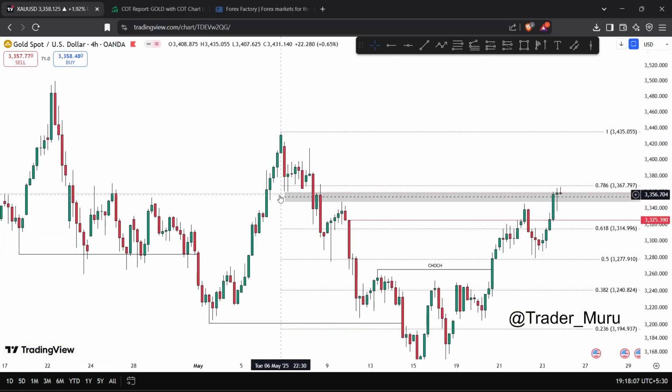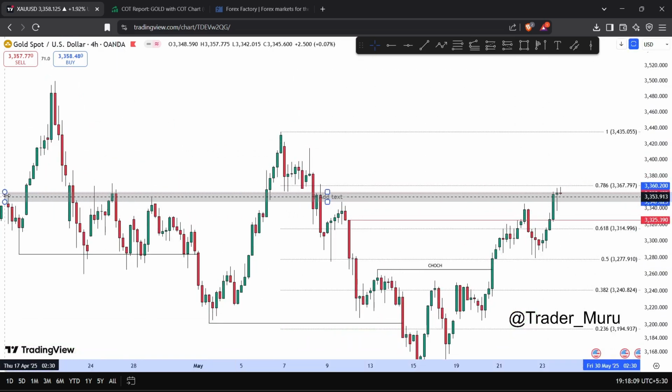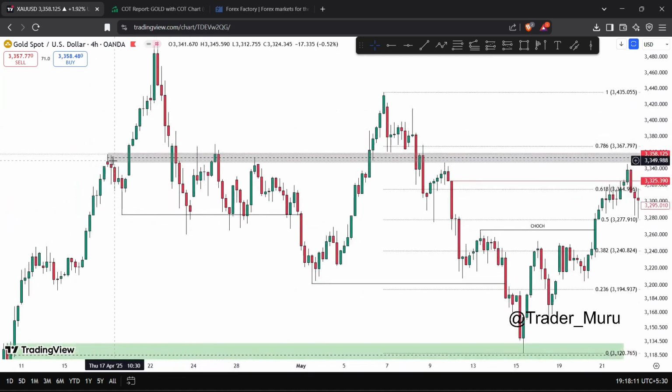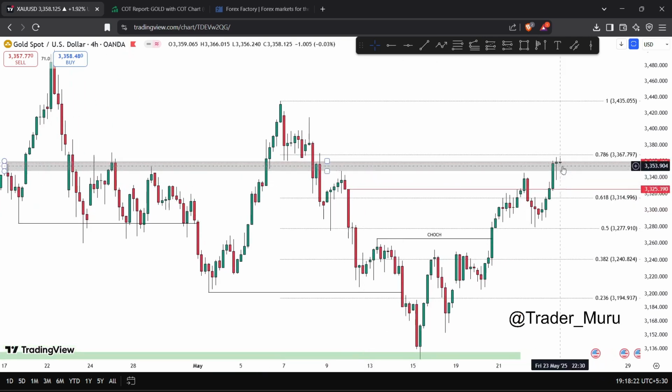Another thing we have here is this resistance. You can see how strong this resistance is. First tap drop, second tap drop, third tap drop, fourth, this is fifth, and this is sixth.